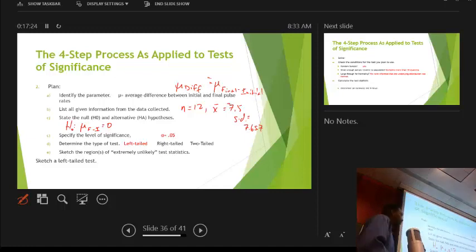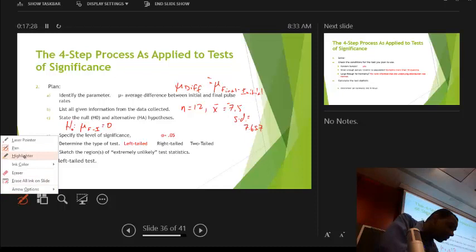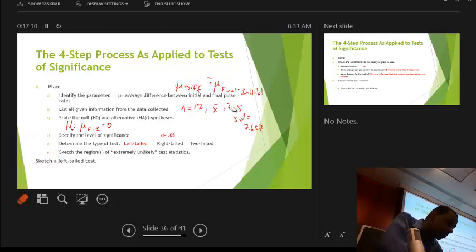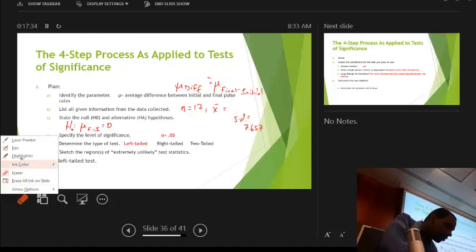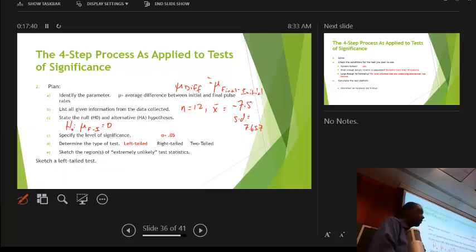Make it a little bit clearer. There we go, negative 7.5.